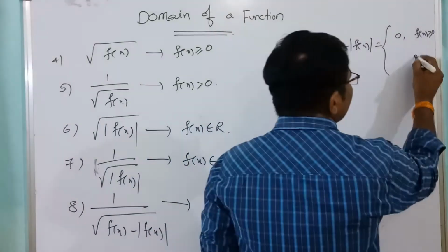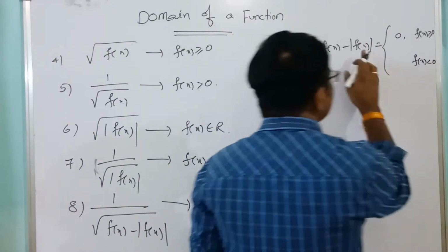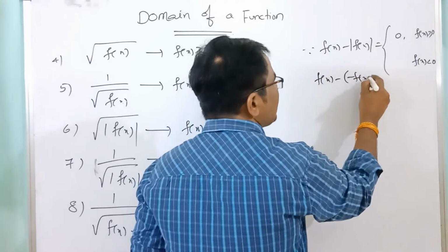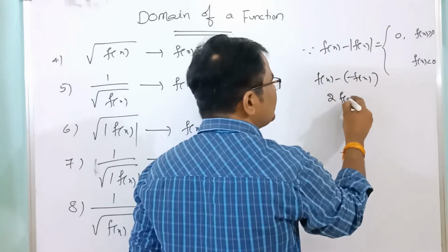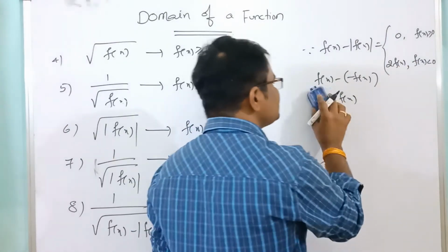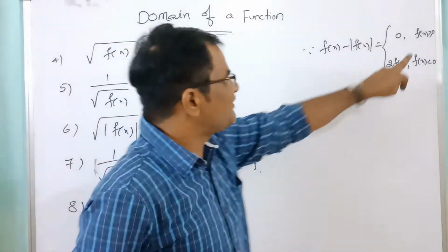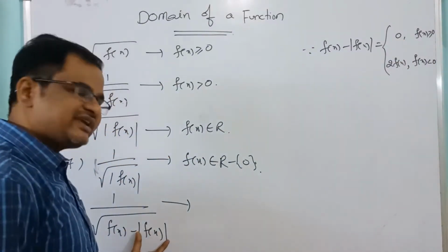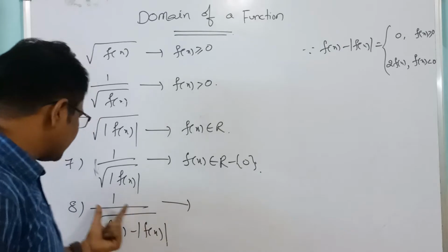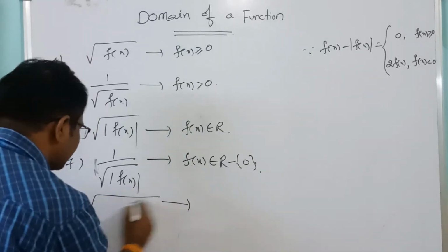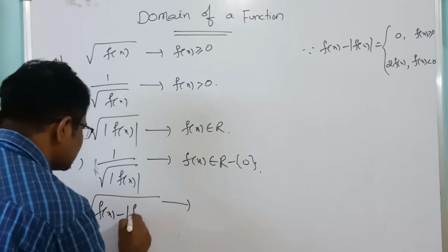Next, if f of x is less than 0, then f of x minus mod f of x is f of x minus minus f of x, which equals 2 into f of x. First, take root of f of x minus mod f of x.